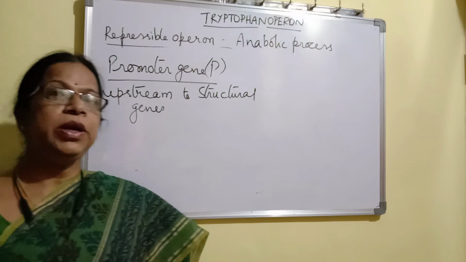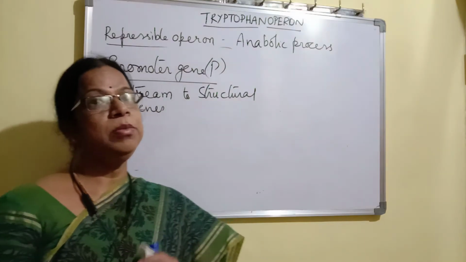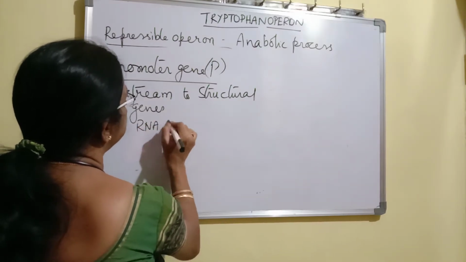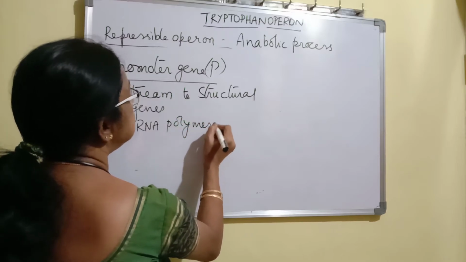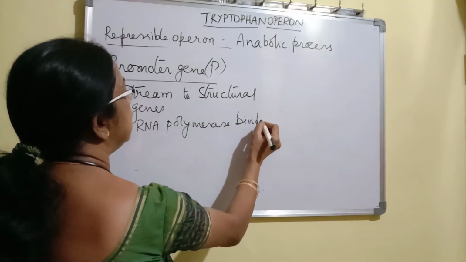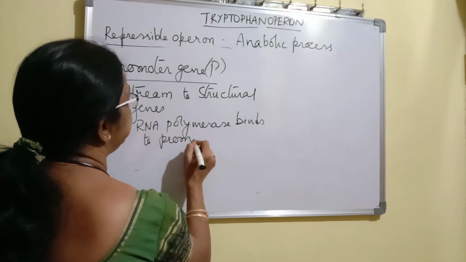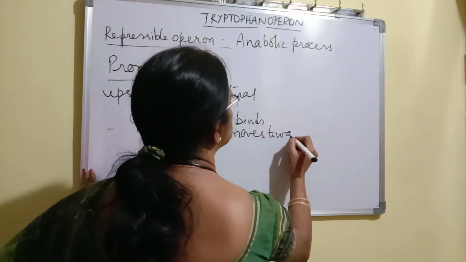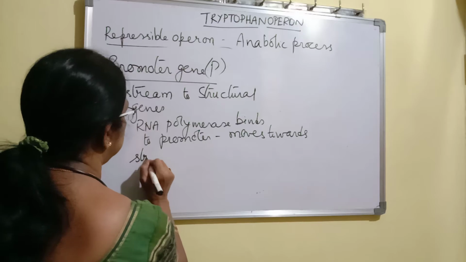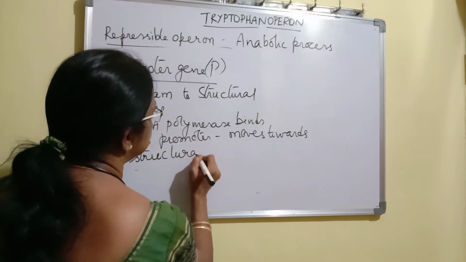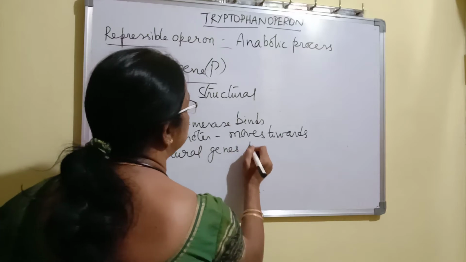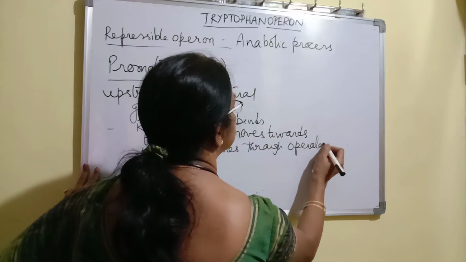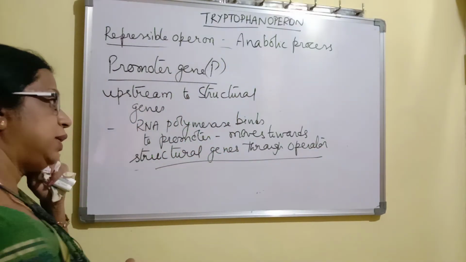Now this promoter gene is very important for RNA polymerase to bind. What is the function of the promoter gene? The RNA polymerase enzyme, which helps in transcription, binds to the promoter and moves towards the structural genes through the operator.